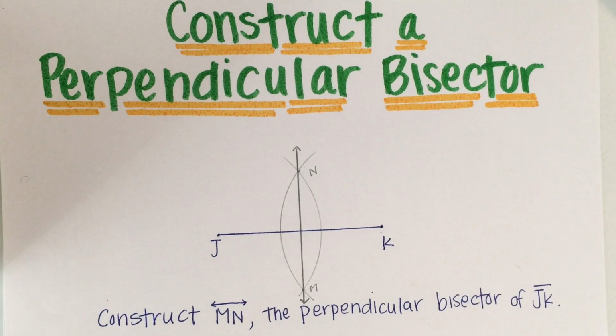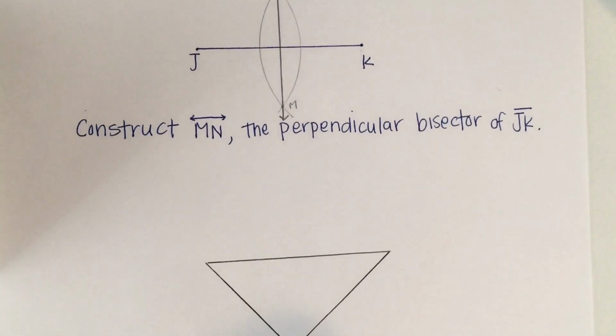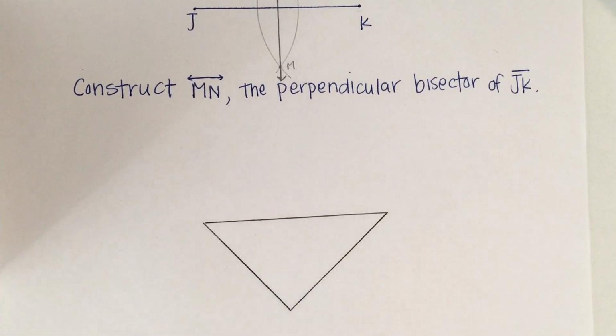All right. So like I said, this construction is helpful, right, when we want to construct other parts. For instance, if I would like a midpoint, I can use the construction for a perpendicular bisector to find that point. So one of the vocabulary words in this section is a median.